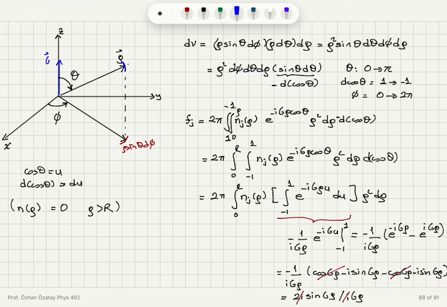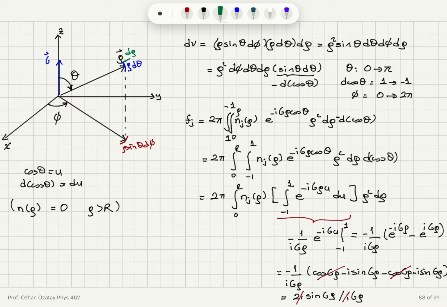That would be in this direction, rho d theta. And if you vary rho, you would have this d rho here. So we can basically think about the volume element as consisting of a parallelepiped or a cubic region where we have the edges set up as d rho, rho d theta, and rho sine theta d phi.